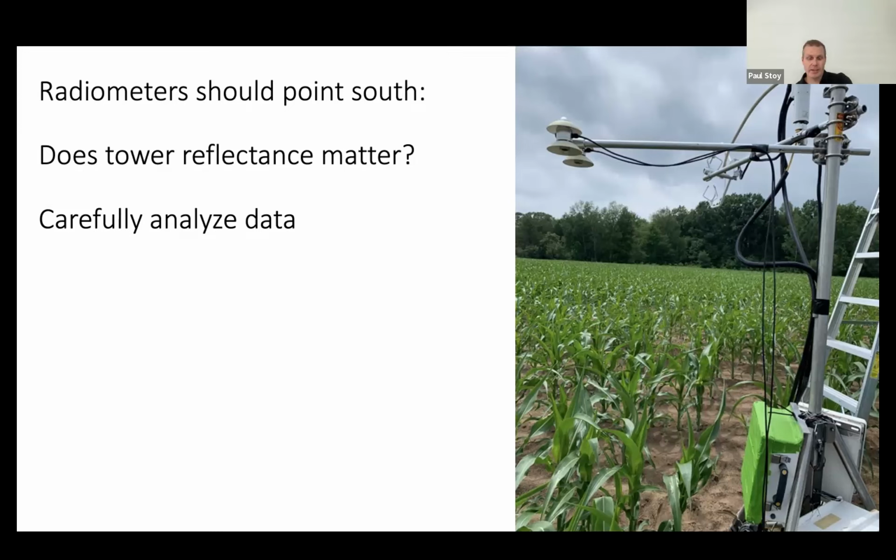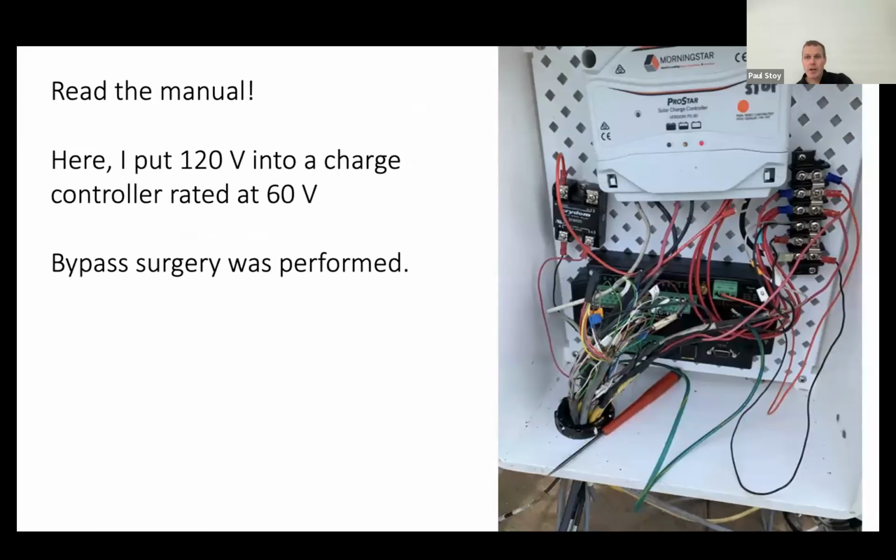Never assume that the data are any good. Always assume that anything could happen, because it oftentimes does. One thing that happened at this particular site is that I just decided to go ahead and do some wiring. And I thought, well, if we have some solar panels and I connect them in series, I can bring 120 volts to my system. I was thinking we'll have some voltage drop.